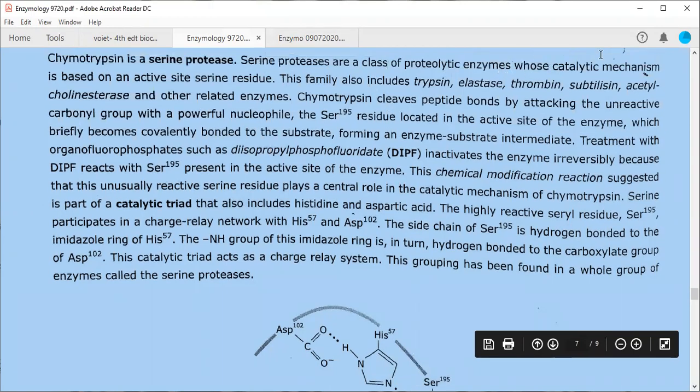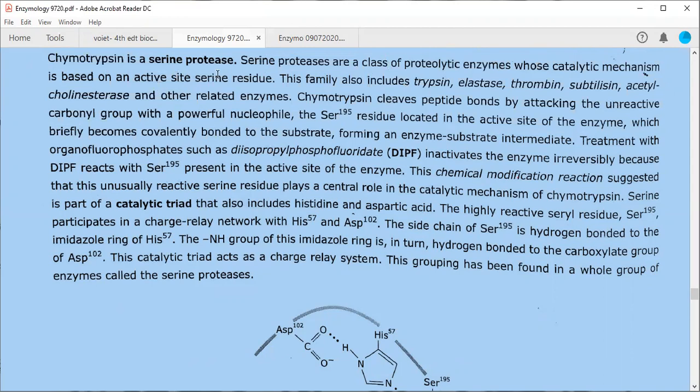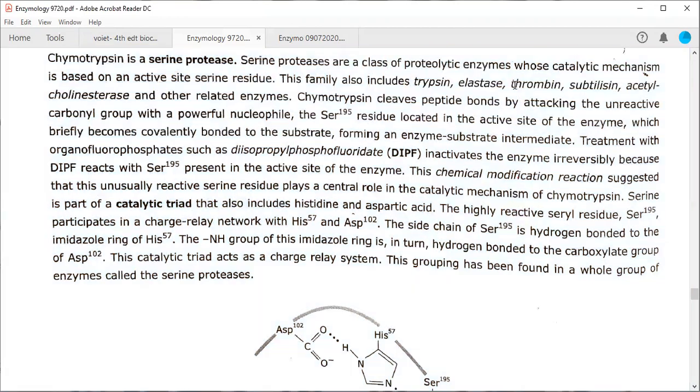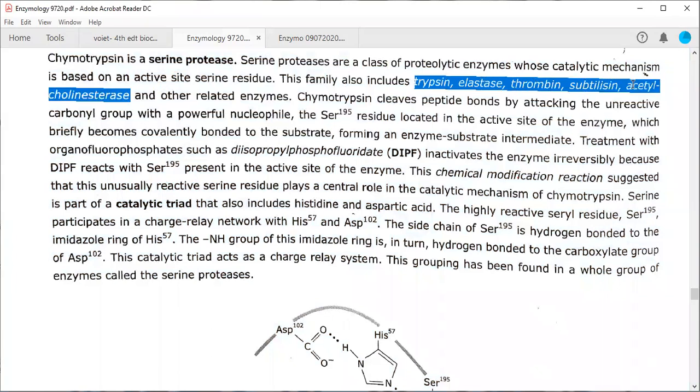The proteolytic enzymes having the same active site serine residue, this family, also include trypsin, elastase, thrombin, subtilisin, and acetylcholinesterase.